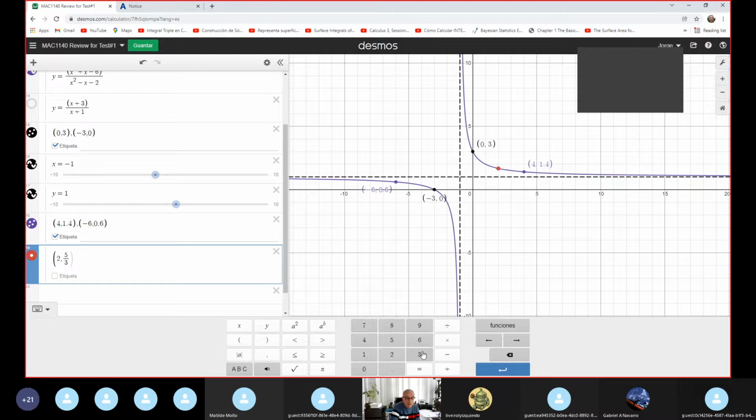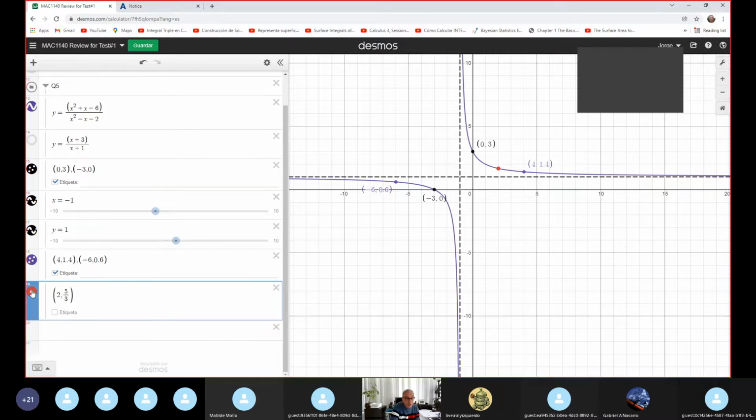This red point is a hole, and the hole you draw like that, with a symbol that looks open. How do you know the position for the hole? In my original function it is undefined, but in the new one, after you cancel out and stay with x plus 3 over x plus 1, you plug in x equal 2 and it gives 5 over 3. Fantastic. That's the answer.